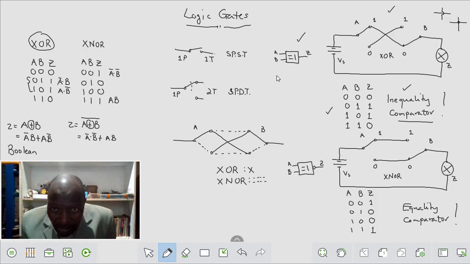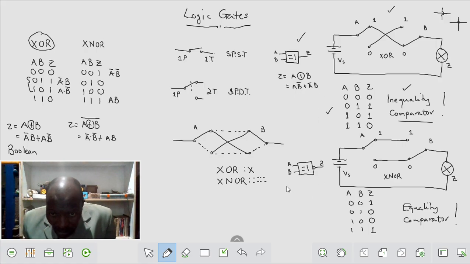Z is equal to only A or B, which we said is the same as unequal. If A is high, B must not be high, or if A is not high, B must be high. That is the inequality comparator.